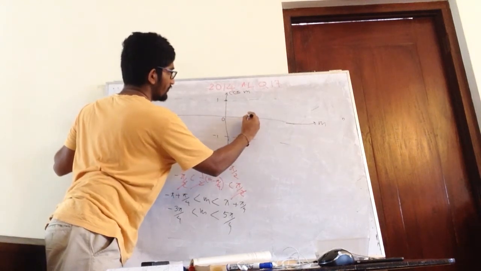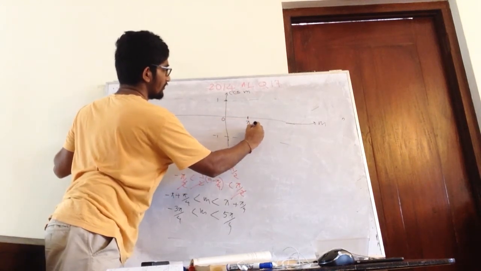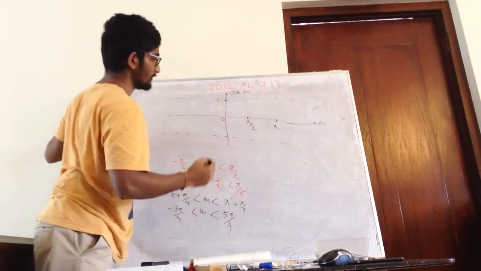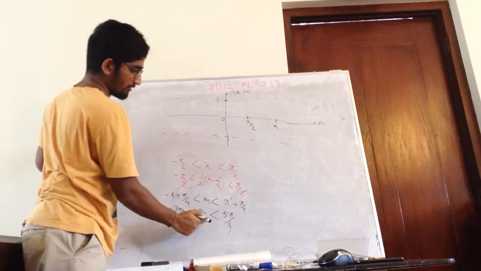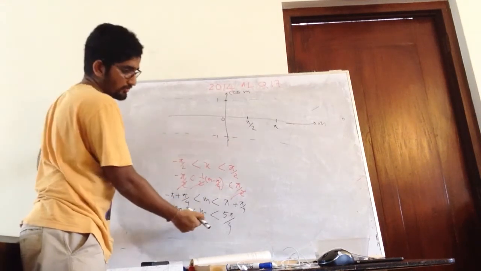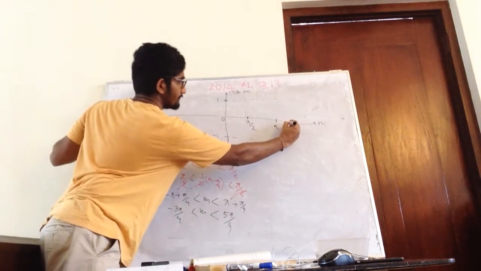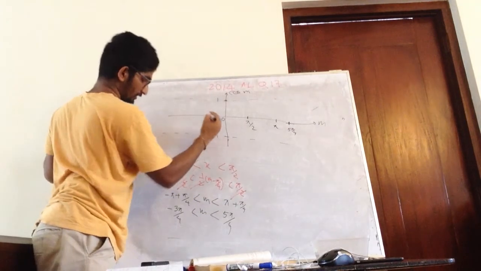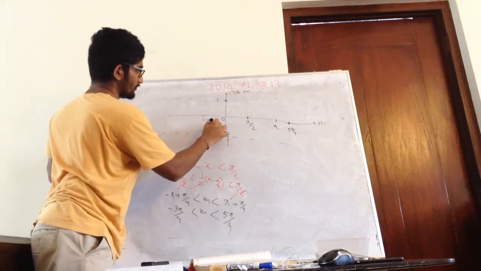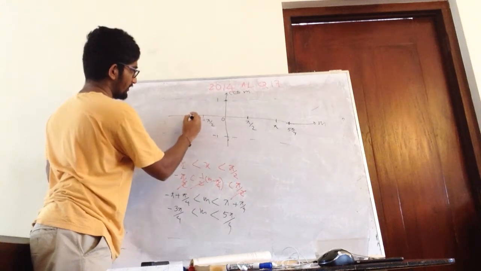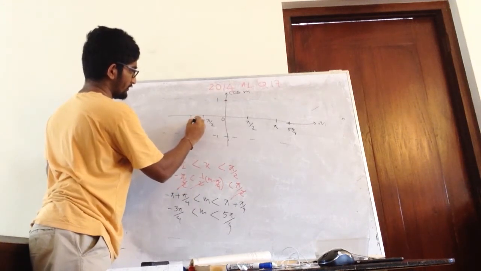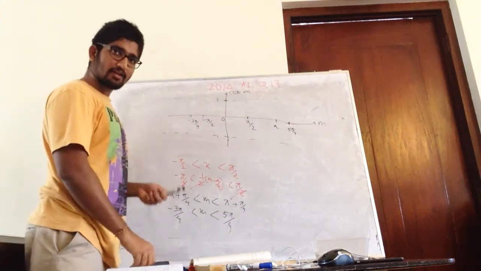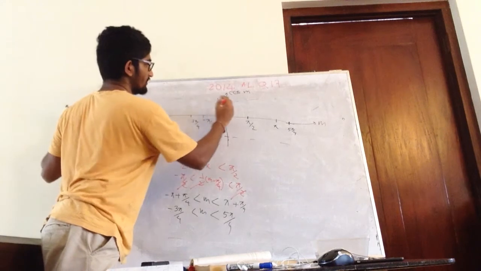This is 0. This is 5 over 2. This is 5. Remember the range of m, so here we get 5, and here we get minus 5 over 2. Then we only need up to minus 3 5 over 4. So the standard cos curve goes like this.